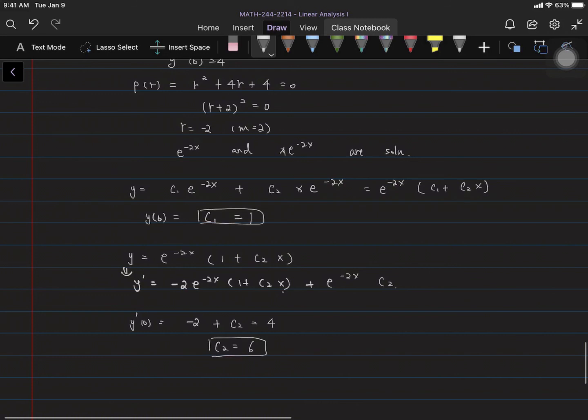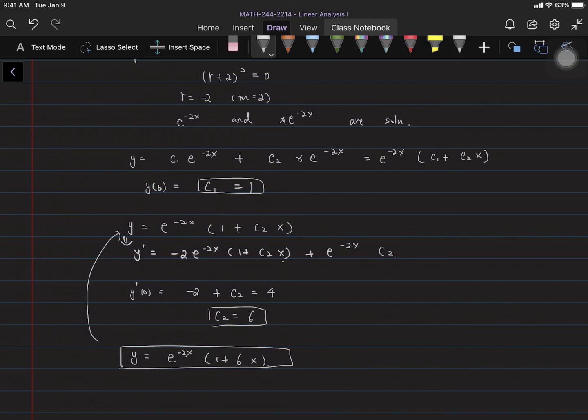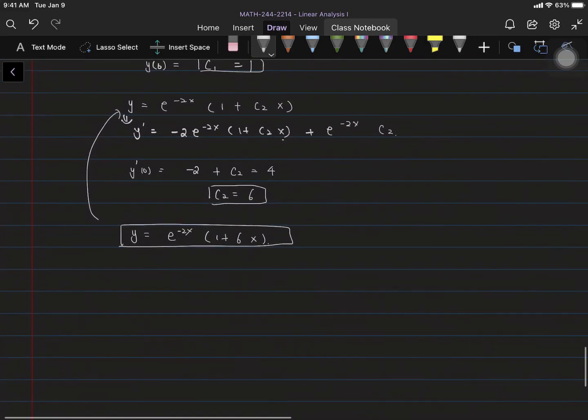So what is the particular solution that satisfies the initial conditions? y equals e to the negative 2x times (1 plus 6x). So this is the final solution.